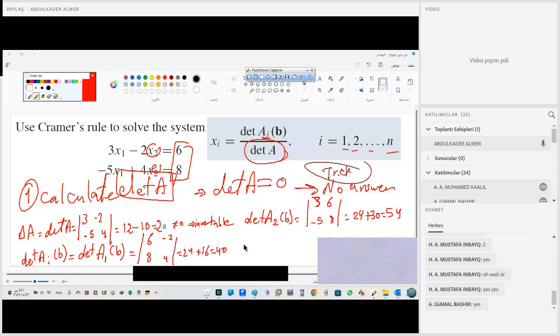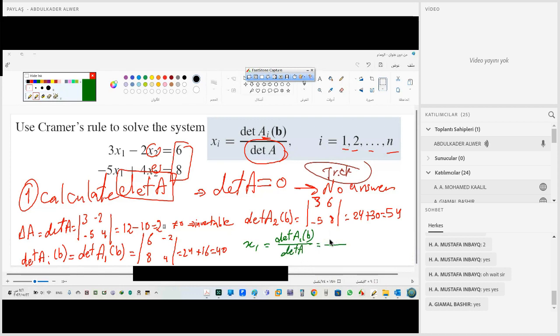Now, last part. x1 is det A1(b) over det A. What is it?